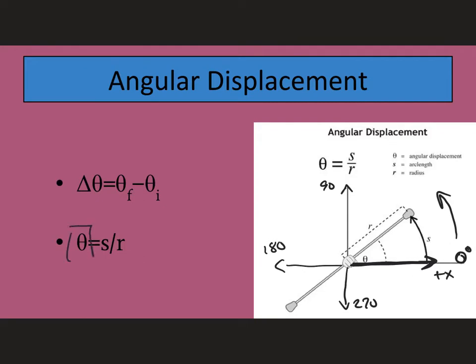It's important to recognize that this angle is going to be in radians, and it will only be in radians if these two are as well. All of our work with angular movement and motion is going to be done in radians.